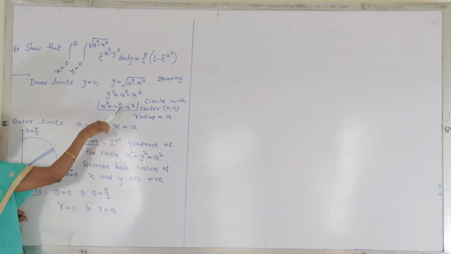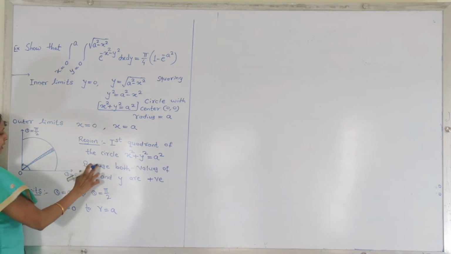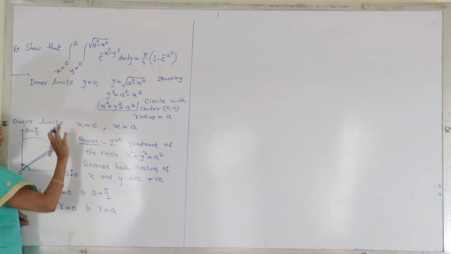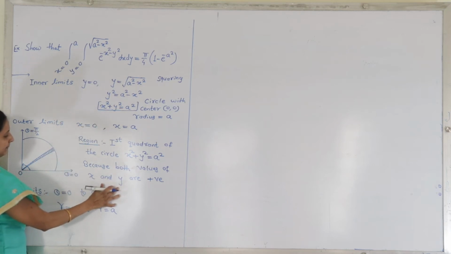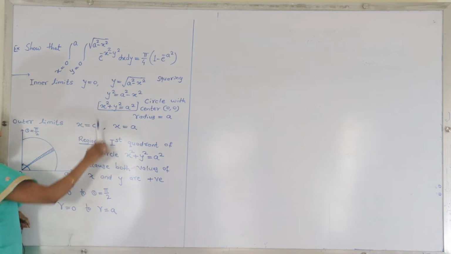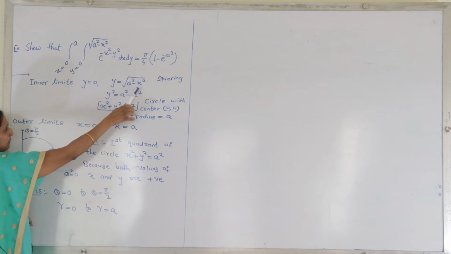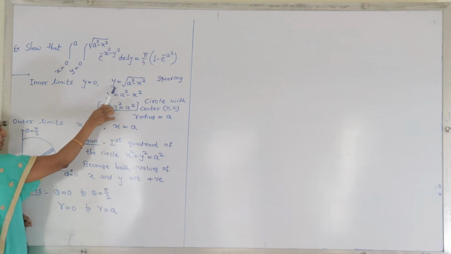Now we know there is a circle x square plus y square is equal to a square. Whether the region is total circle or first quadrant is decided by the values of both coordinates, that is x and y. Here y is equal to plus under root of a square minus x square, the sign is positive, it is not negative, so y coordinate is positive.